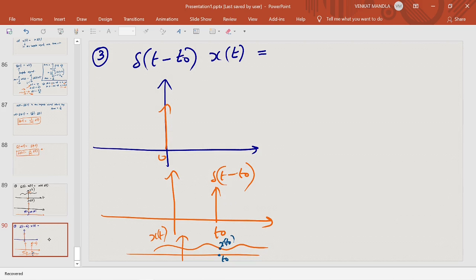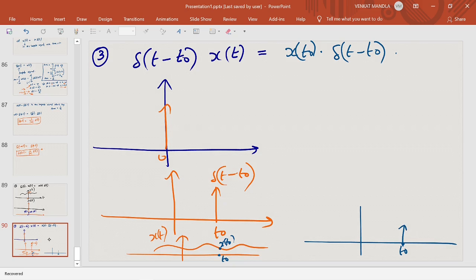You are multiplying these two. What you get? X of t naught into that impulse signal del of t minus t naught. That's it. If you want to represent this graphically, you will get only at t equal to t naught, x of t naught into del of t minus t naught.